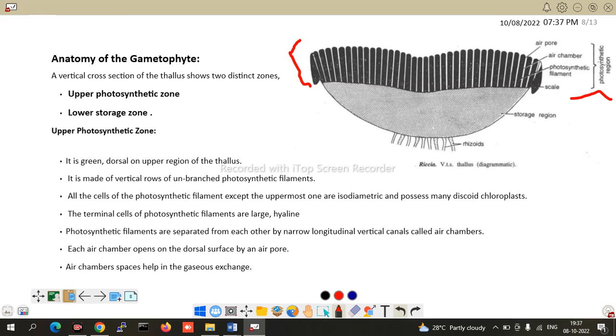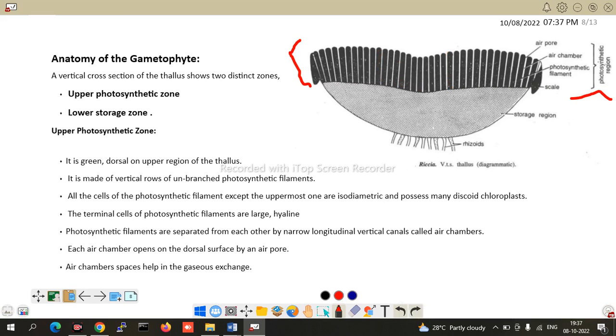And the upper epidermis is discontinuous. It is made up of vertical rows of unbranched photosynthetic filaments. These rows are the photosynthetic filaments and they carry the green pigment. That's why they help in photosynthesis and also appear green in color.